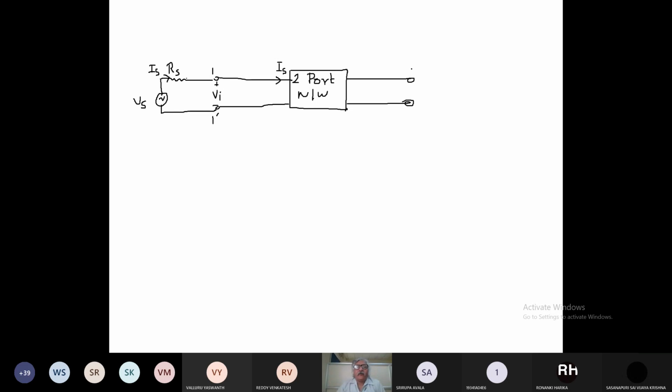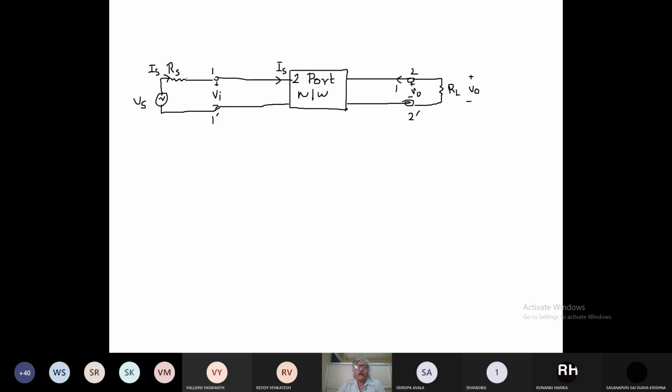Now look at the output section. Here we have two terminals, 2 and 2 dash, and suppose we have connected a load resistor RL. Across this load resistor you will get a voltage Vout.